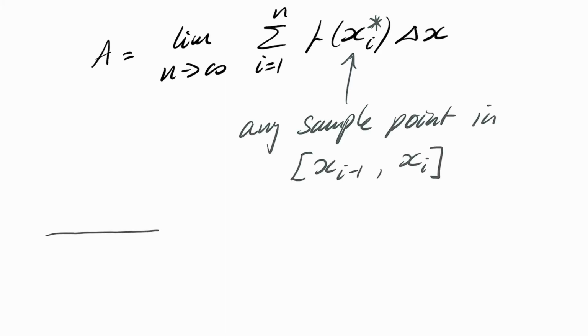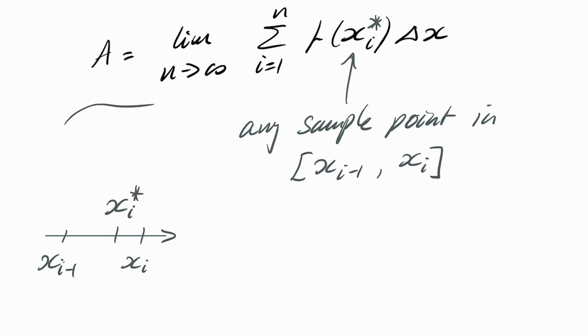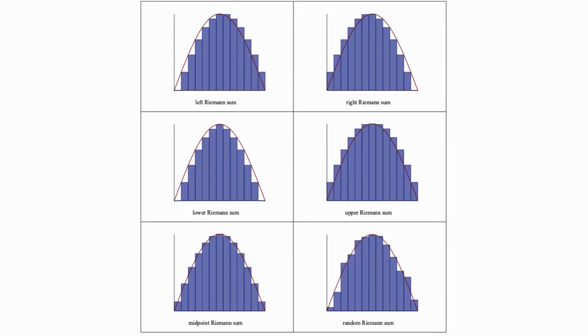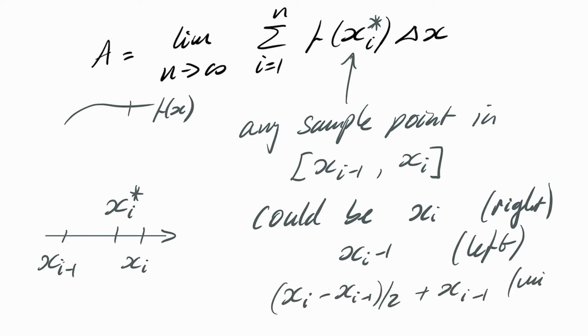So if we just zoom into one of these, I can just choose any old point in there, xi star, with which to evaluate the function. And in the limit as n tends to infinity, it becomes less and less relevant which point I choose. So this could be xi, as I did in the diagram before, or it could be xi minus 1, which is known as the left point rule, or it could be a midpoint, or any other rule that you care to make up.